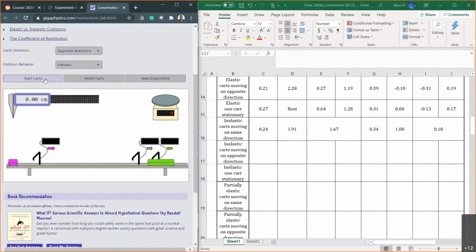Let's start the cards. You can see now it's going to be a head-on collision, but the cards are combined afterwards. You can see now it's moving like a single object, right?